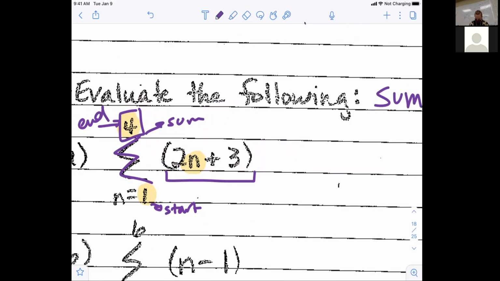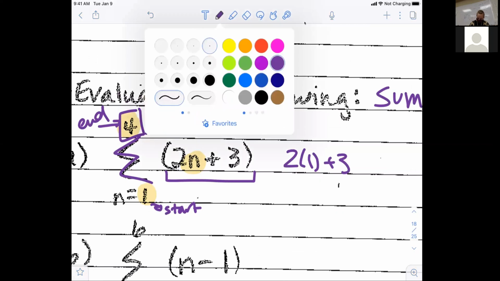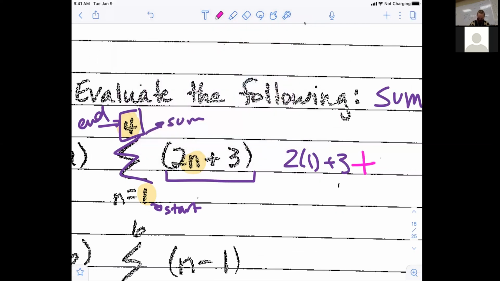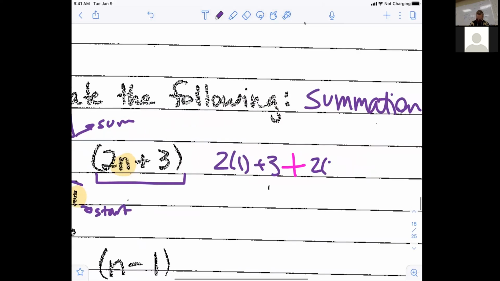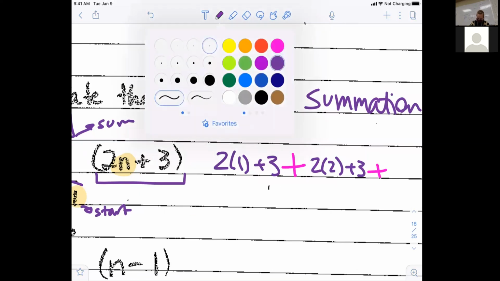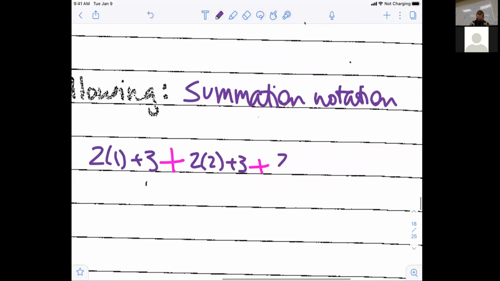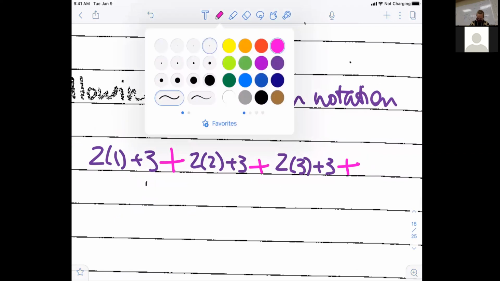So I'm going to do 2 times 1 plus 3, and then plus 2 times 2 plus 3, plus 2 times 3 plus 3, plus 2 times 4 plus 3.